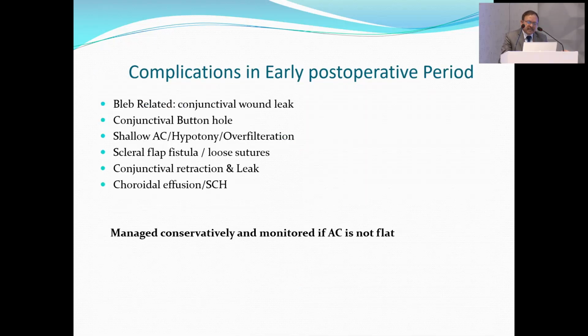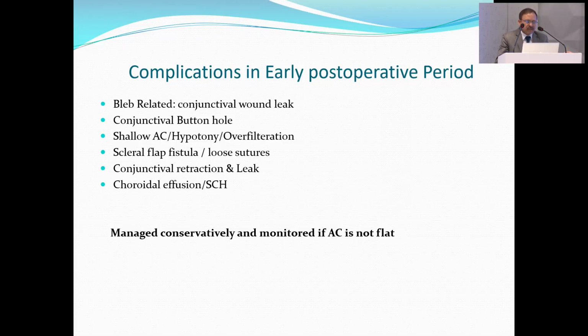Complications in the early post-operative period may be related to the conjunctiva, such as a leak at the limbus or buttonholing. You will find normal or low pressure with a flat conjunctiva. So always look for a leak at the limbus, or any buttonholing or loose conjunctival sutures.